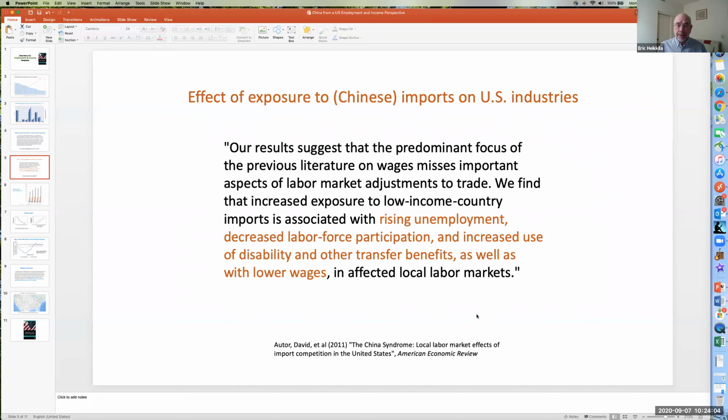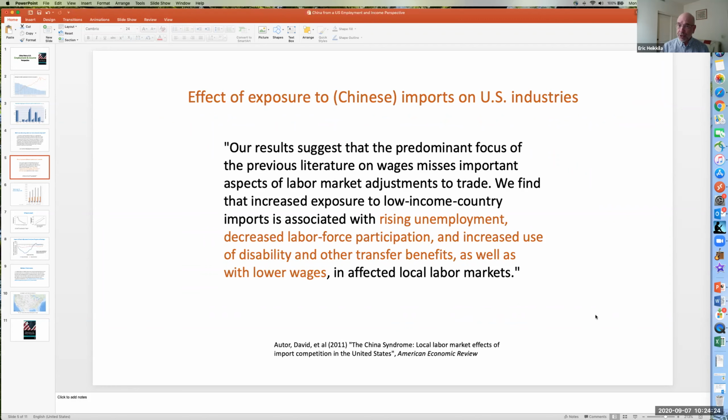The other point that's important to recognize, as pointed out by Professor Autor and his colleagues, is that it's not just wages in the US, manufacturing wages, that are impacted by competition from China.